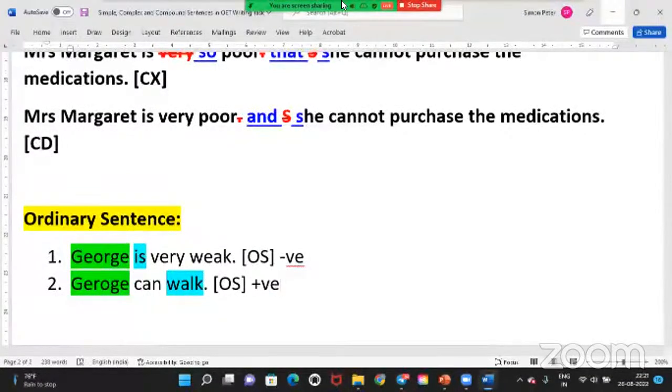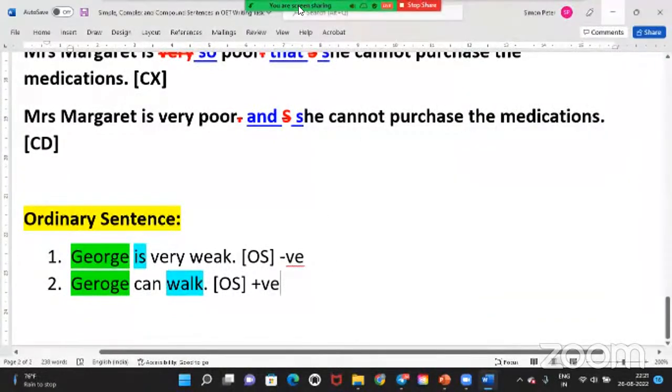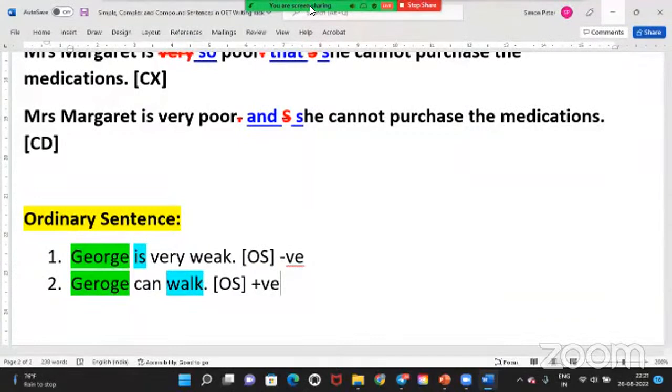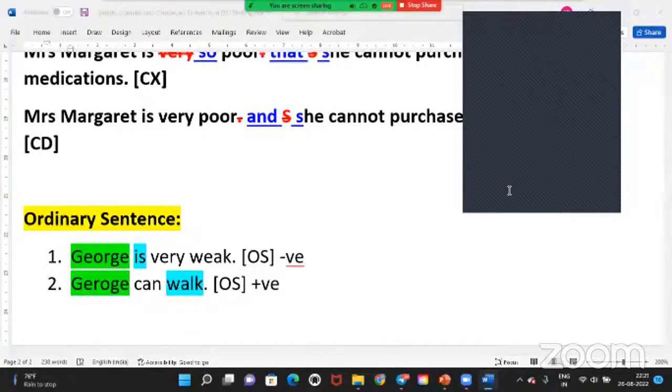Come on, now you join these sentences. I'm giving you time. Now write your own sentences. Try to join these two sentences in how many styles you know. I'm giving you 3 minutes.